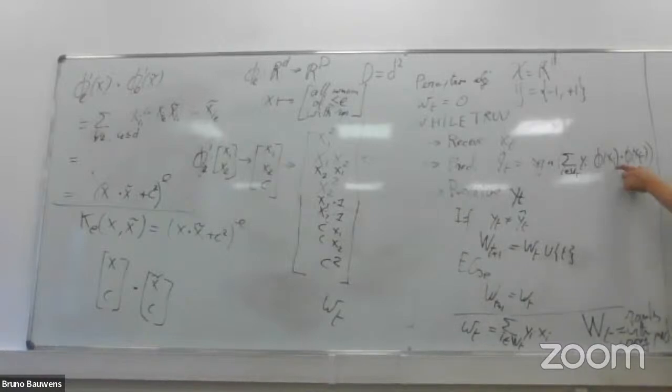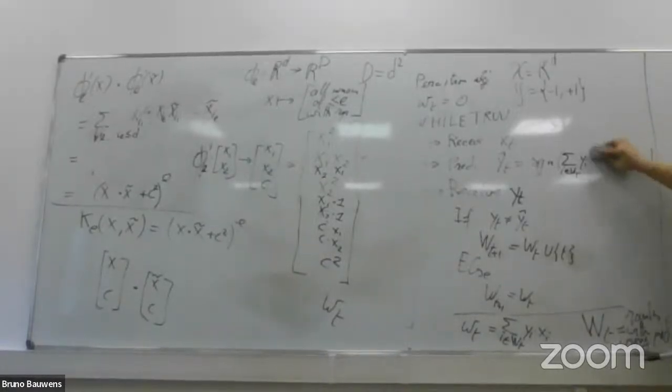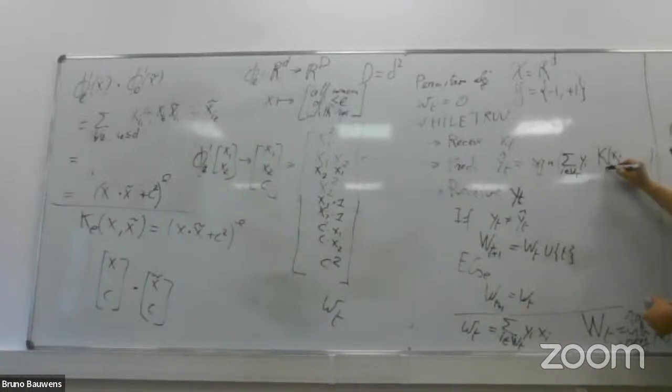Okay, and now we know that this product can be replaced by the kernel. So I rewrite it again. We have K_e of x_i, x. That's also how we make predictions.